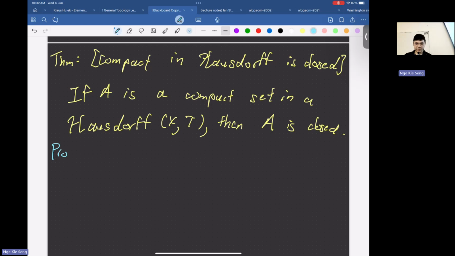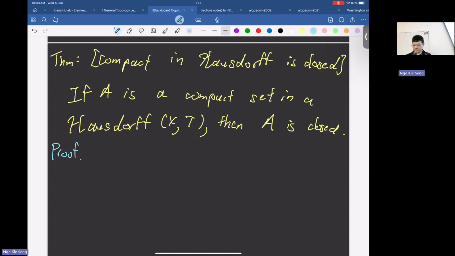Let's discuss this then. How to start? You want to show that A is closed. So what's the definition of A being closed? The complement is open, right? So we will use that method.